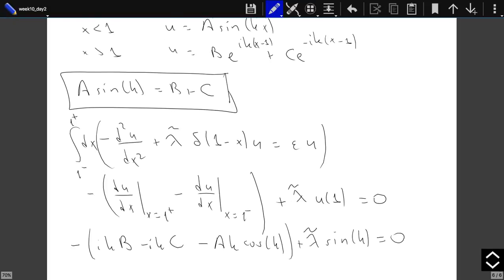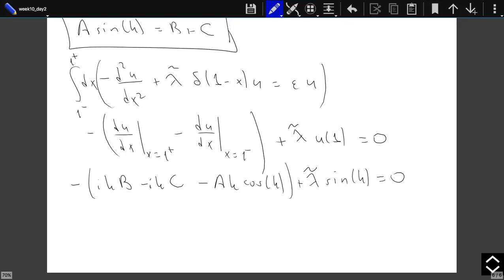So let us just rearrange it a bit. We have minus ik times b minus c, plus a k cosine k plus lambda tilde a sine k. This should be equal to 0.